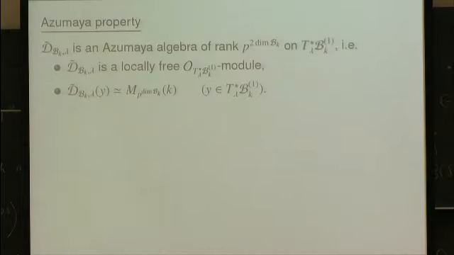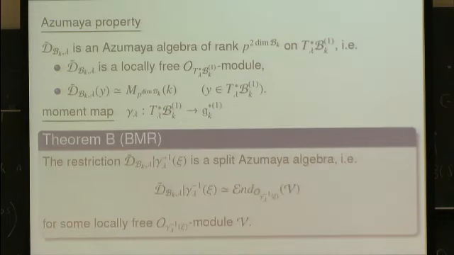But what Bezrukavnikov-Mirkovic-Rumynin actually proved is the following theorem. I need the moment map. We have a map from the twisted cotangent bundle to the dual of the Lie algebra. And they have the following theorem.